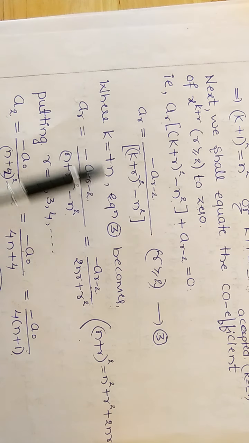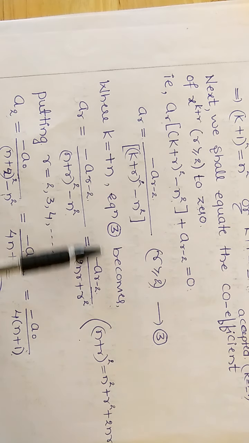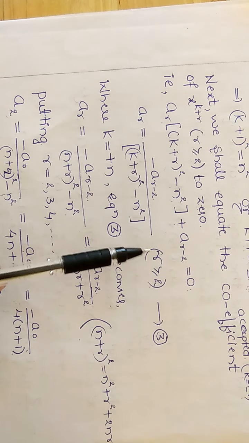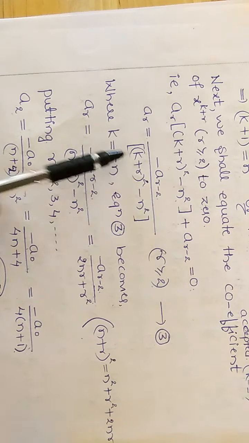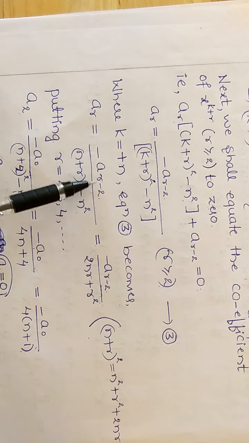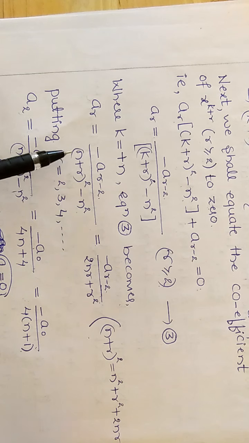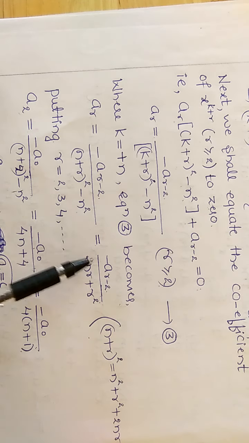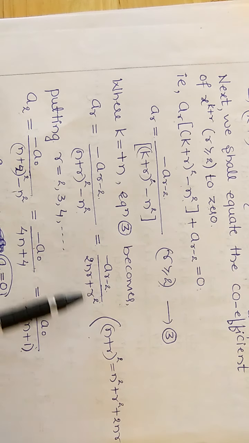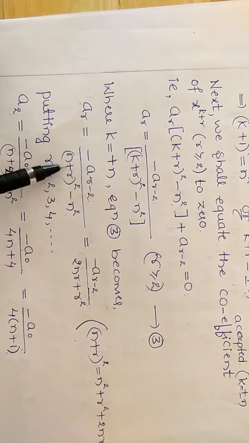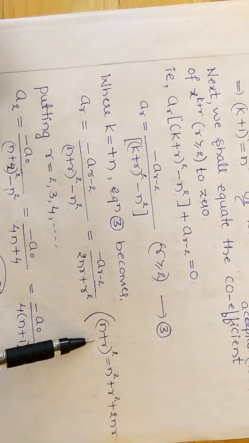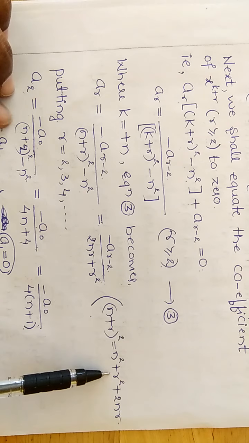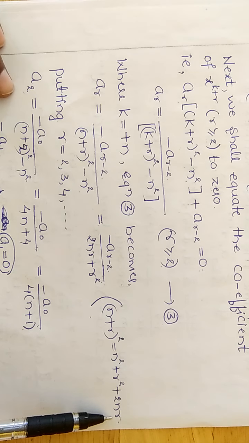First you have to take the positive value, k is equal to plus n. Then in equation 3, substitute k is equal to n, we get ar is equal to minus of ar minus 2 whole divided by (n plus r) whole square minus n square. Simplify using the (a plus b) whole square form: n square plus r square plus 2nr.